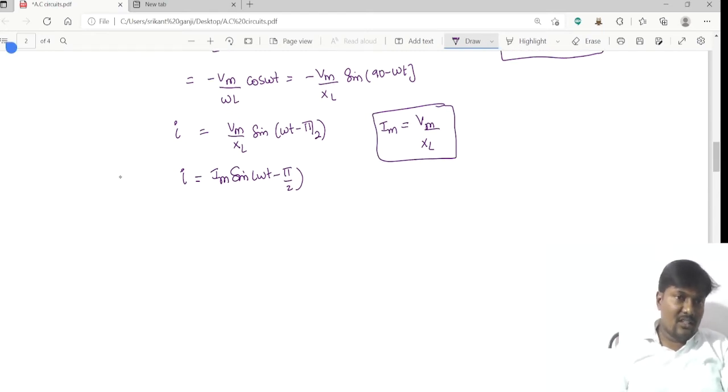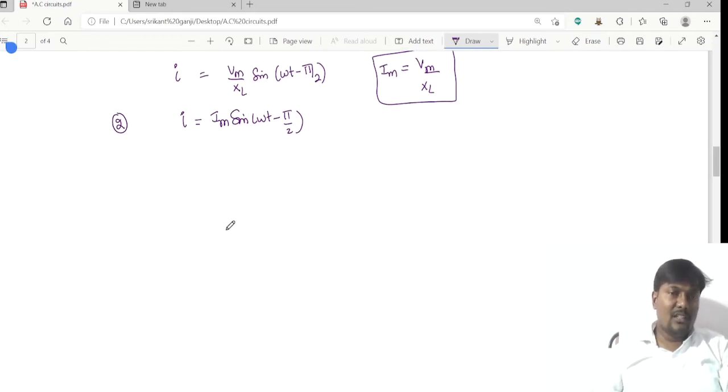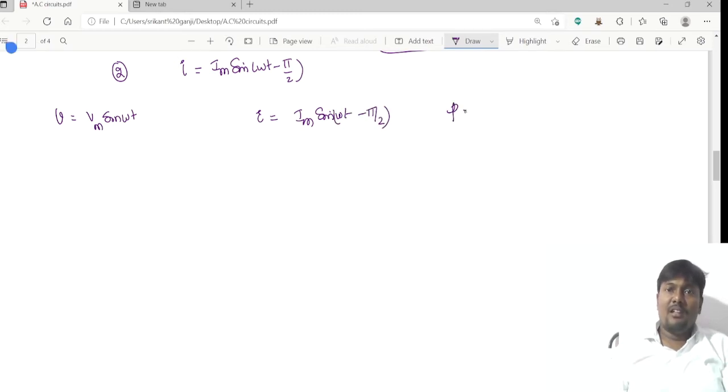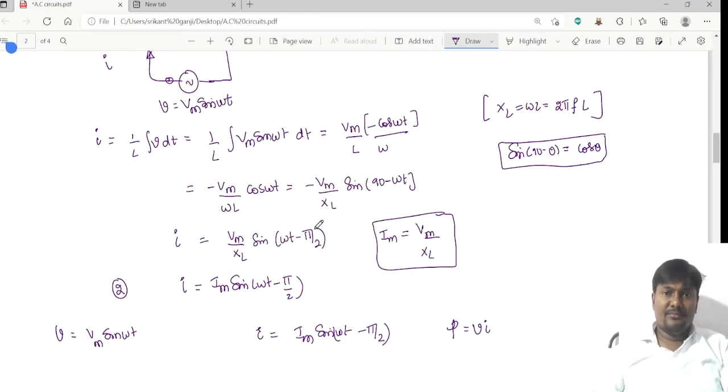See, this is the instantaneous value of the current equation. The instantaneous value of the voltage equation is V = Vm sin omega t, and the current is I max sine of omega t minus pi by 2, and the instantaneous power is the product of voltage and current.